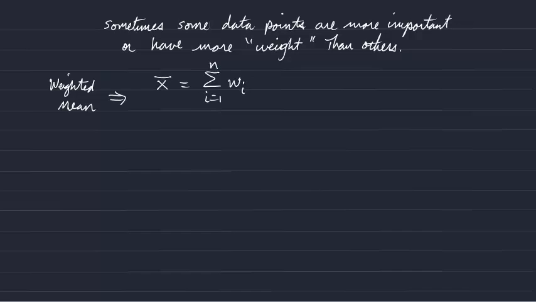So w_i is the weight for the ith value, and multiplying each value by its weight, and then dividing by the sum of all the weights is a way of producing a weighted mean.